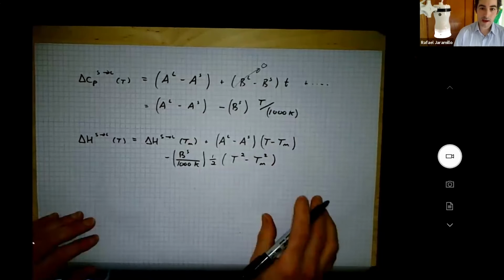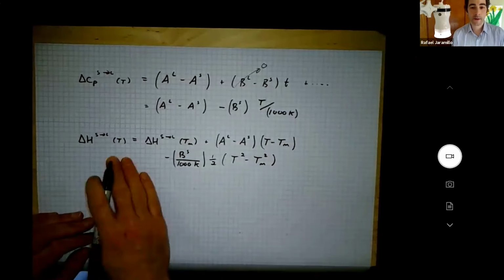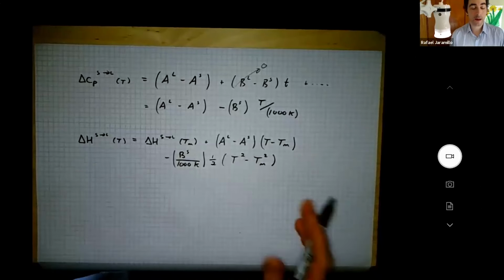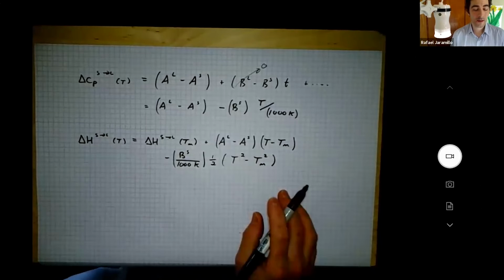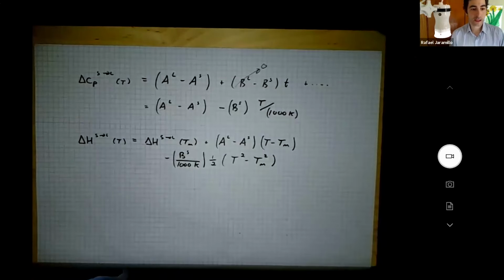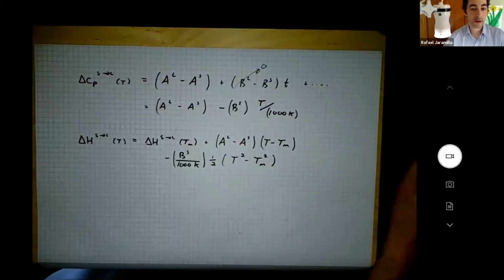So we've boiled down an important engineering problem to evaluating a polynomial with coefficients that we can look up in the databases. And this is a really important quantity for controlling silicon solidification, which is critical for making computer chips and solar cells. So let me plot the answer.